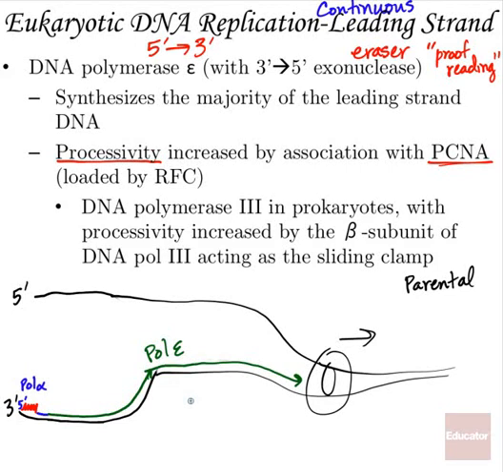This black part is the parental strand, and this is the leading strand template. And we're moving in this direction. So this would leave us with our 3' right here. That's the more simple of the two strands.